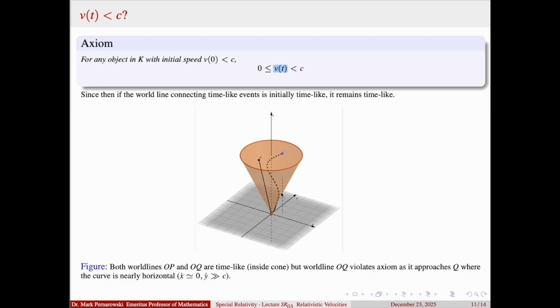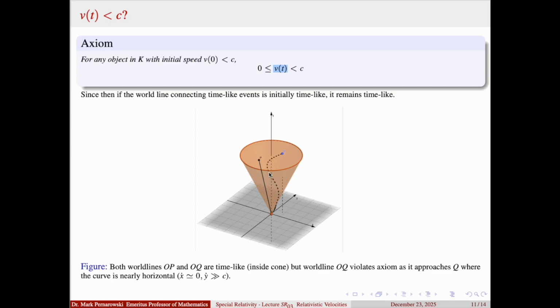So as this comes up, it becomes almost horizontal, and x is not changing. Almost horizontal means an enormous speed, way bigger than c. So this thing has a y component of velocity which is huge, and an x component of velocity which is almost 0, making the combined speed huge.